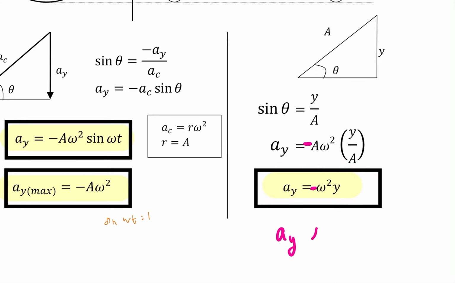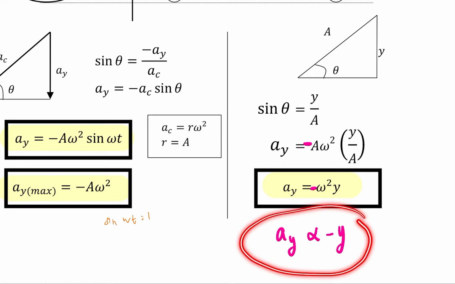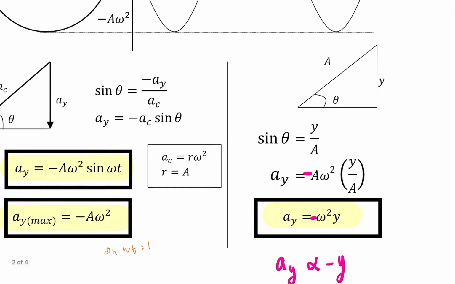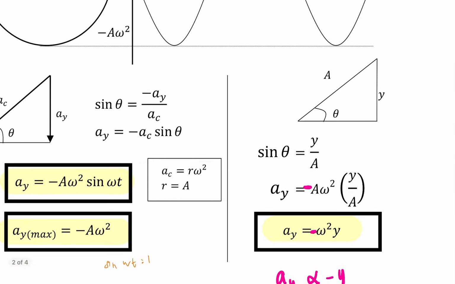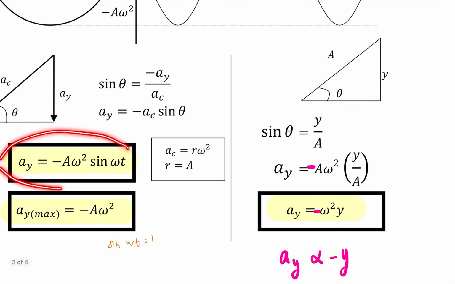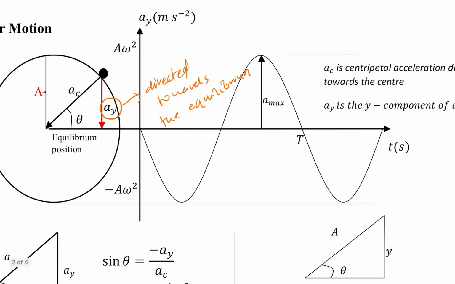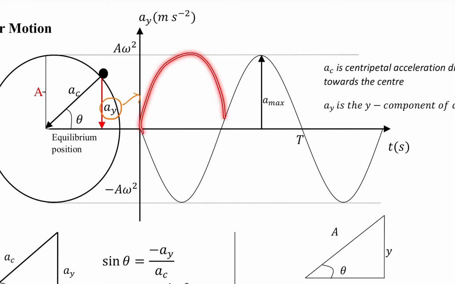So AY is directly proportional dengan negative Y, which is the definition of simple harmonic motion. So dia punya graph pula is yang inilah, kita tengok yang ini is negative sign. So dia terbalik. Kalau sine dia ke atas, tapi sebab dia negative sign, so dia ke bawah.